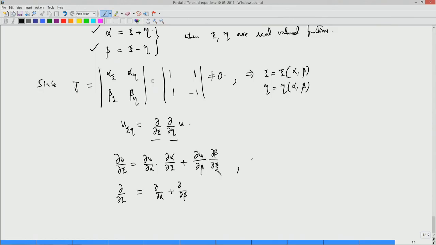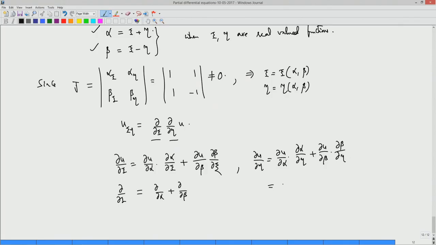Similarly, you can get ∂u/∂η, which is ∂u/∂α into ∂α/∂η plus ∂u/∂β into ∂β/∂η.